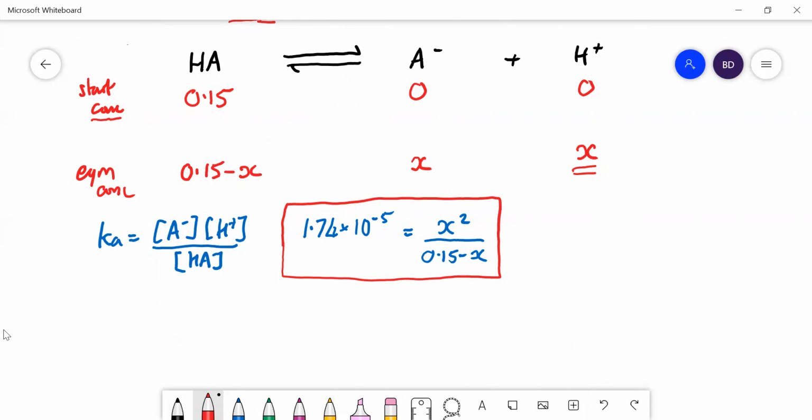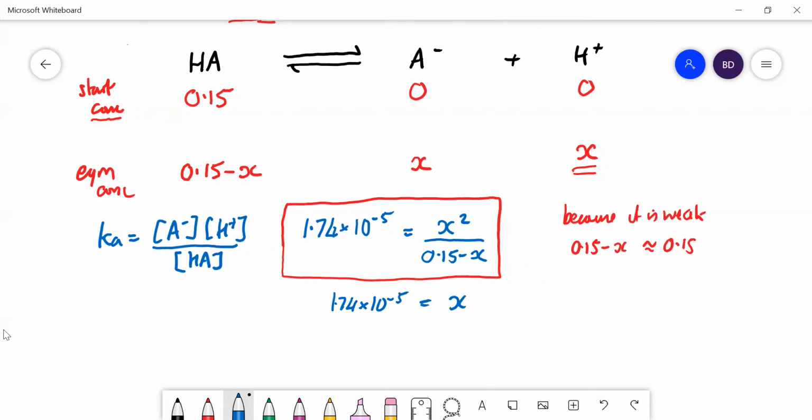So we can say that 0.15 minus X is approximately equal to 0.15. So let's put that into the equation. Then we end up with 1.74 times 10 to the minus 5 is equal to X squared over 0.15. And that means we're not going to have a quadratic equation, so I'm just going to multiply that out.